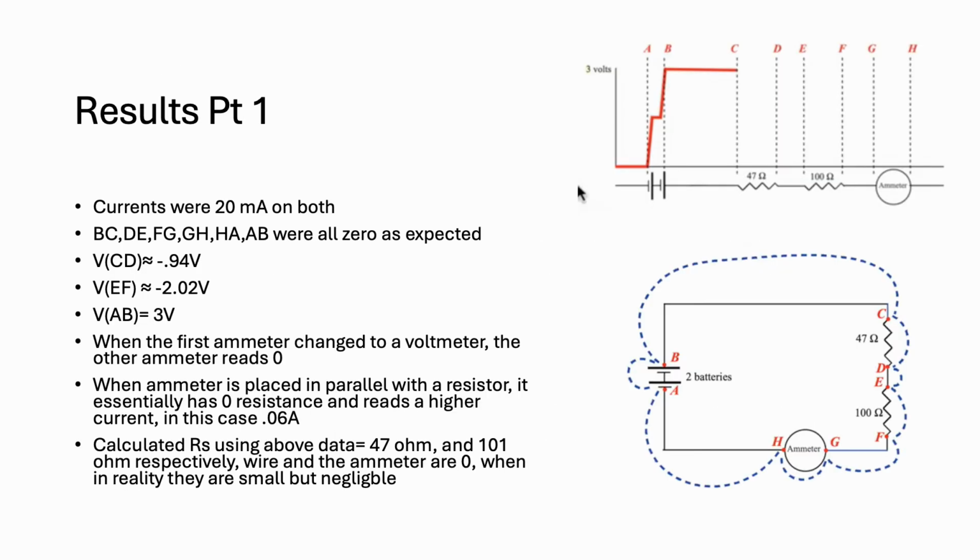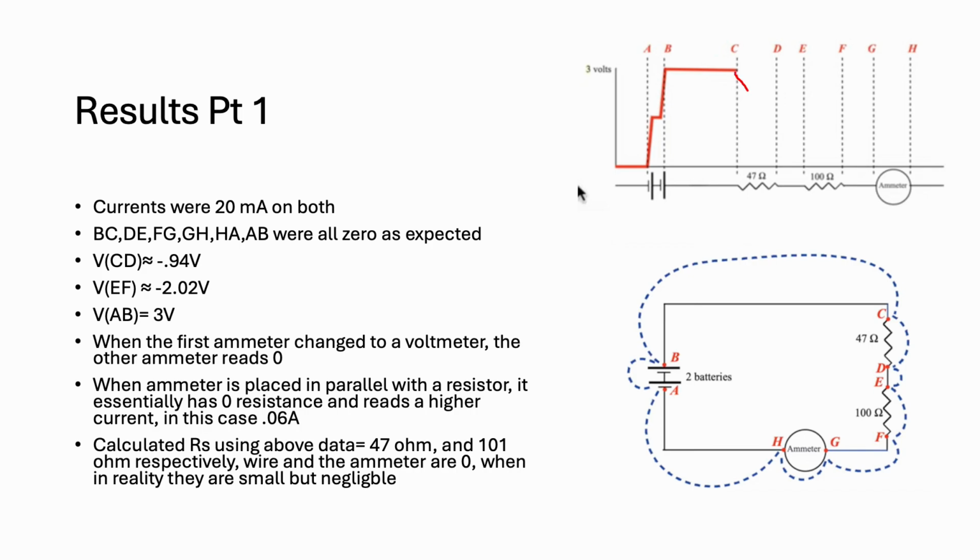Okay, the currents are both 20 milliamps, so like 0.20 amps on both. Basically all of these were 0. So this is like the graph here.